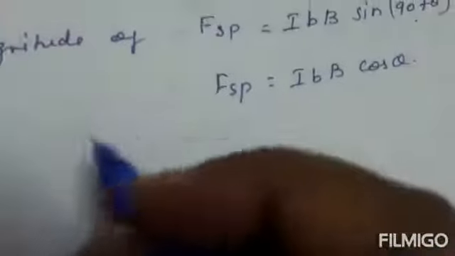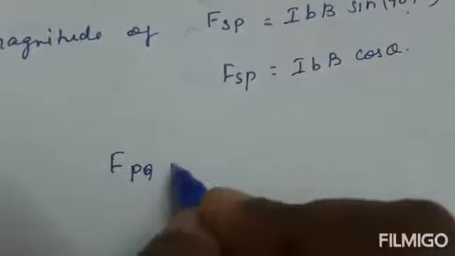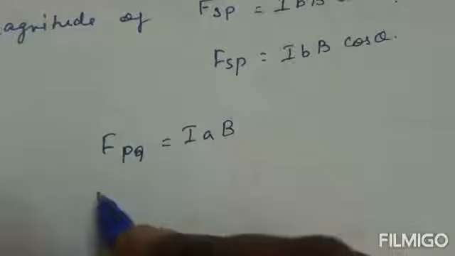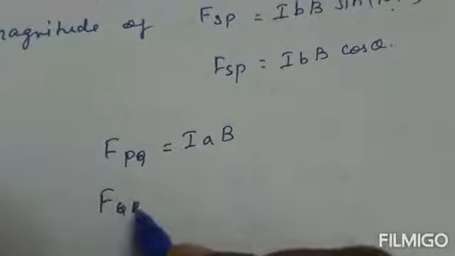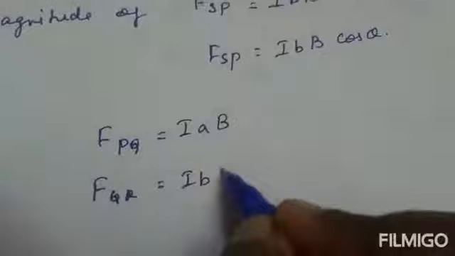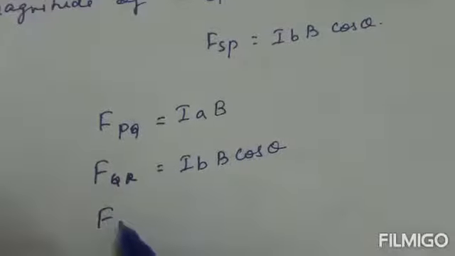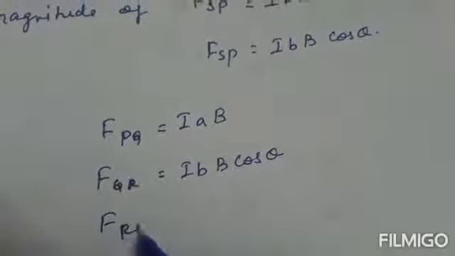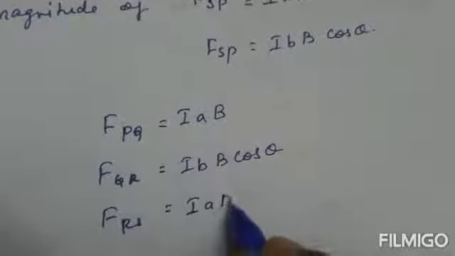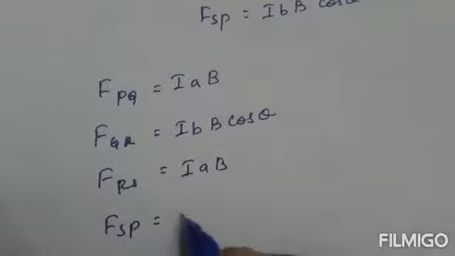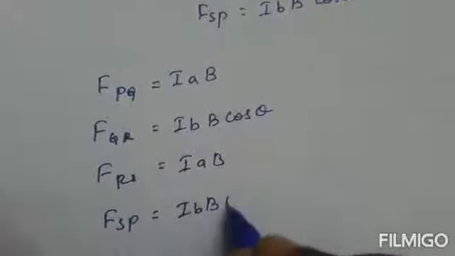Now we can write all four forces. F_PQ is equal to I A B. F_QR is equal to I B B cos theta. F_RS is equal to I A B. And F_SP is equal to I B B cos theta.